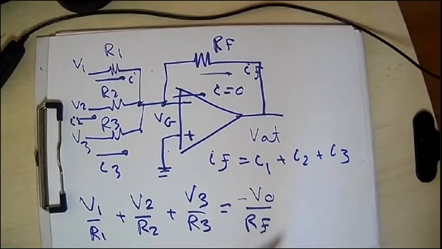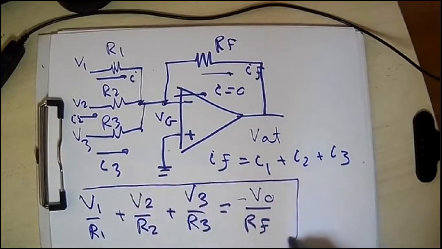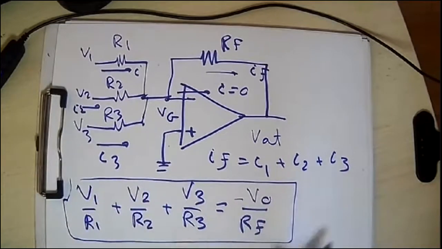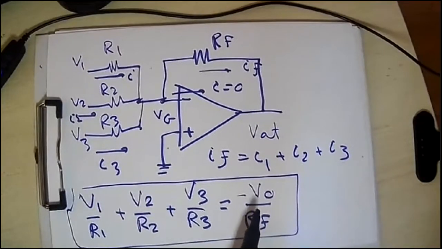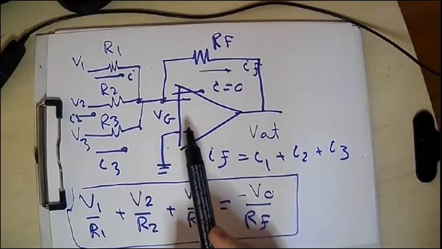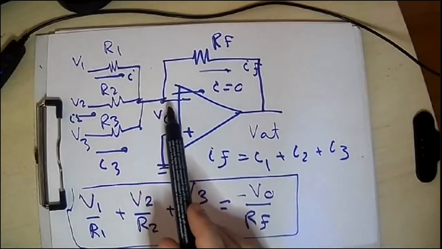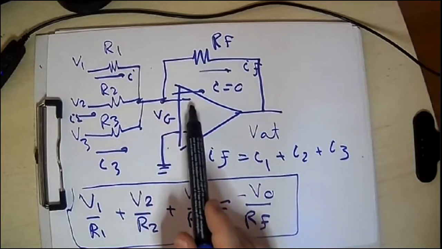Now, if you examine this very interesting equation, you will find that the output voltage is the summation of the three input voltages, of course with a negative sign, again because this is an inverting configuration, because we are connecting the feedback circuit to the negative terminal, or the inverting input.